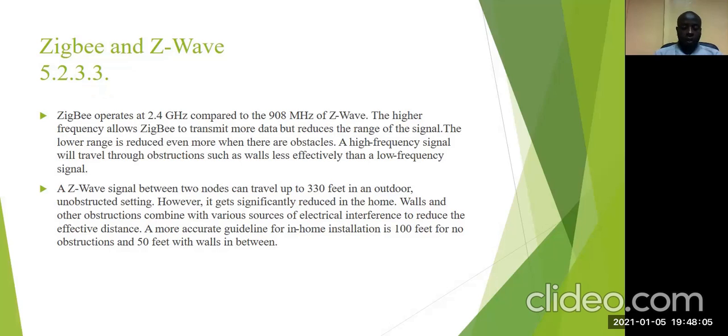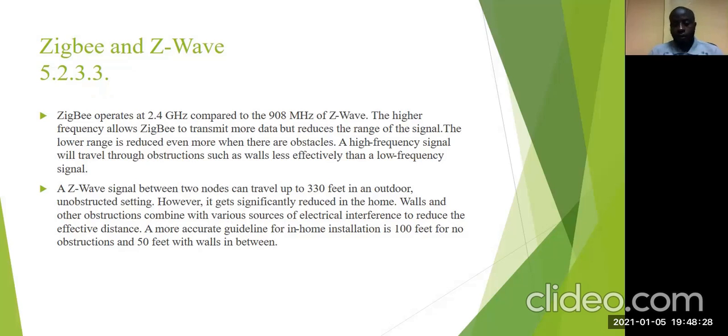That is why ZigBee is used to create personal area networks with small, low power digital radios, such as in home automation. A Z-Wave signal between two nodes can travel up to 330 feet in outdoor unobstructed settings.